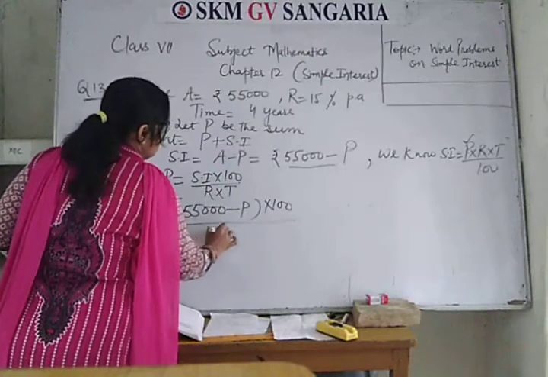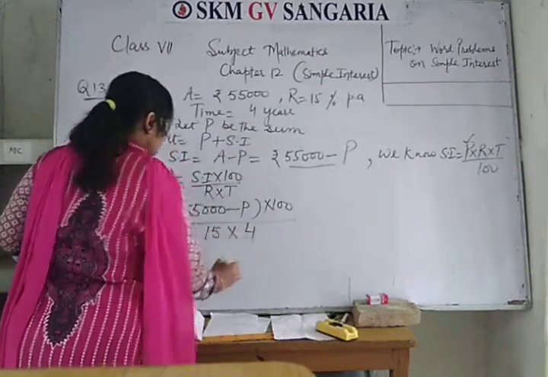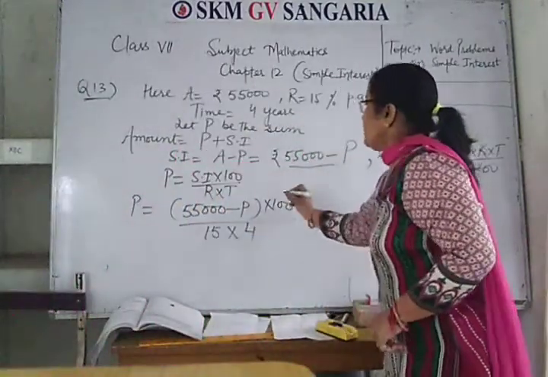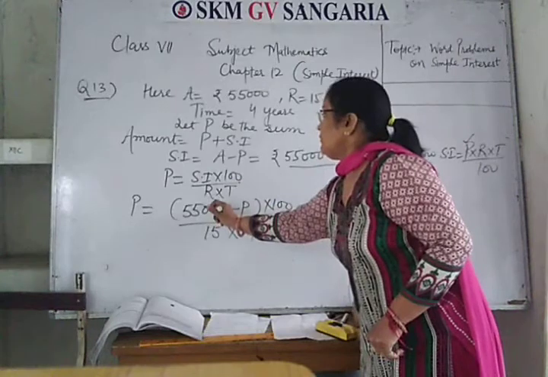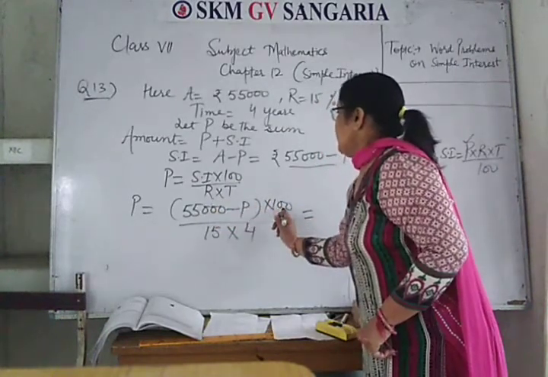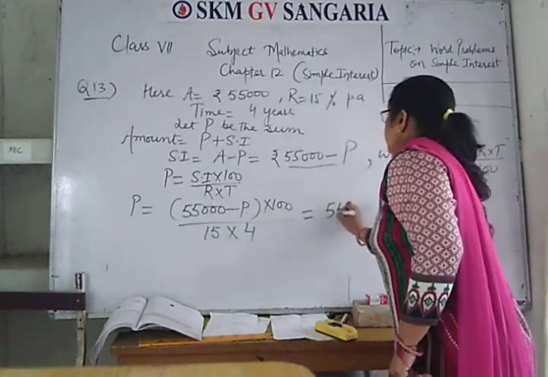It was 15 and time is 4 years. Okay. Now simplify it. This 100 will be multiplied with 55,000, then minus, this 100 will be multiplied with P also.